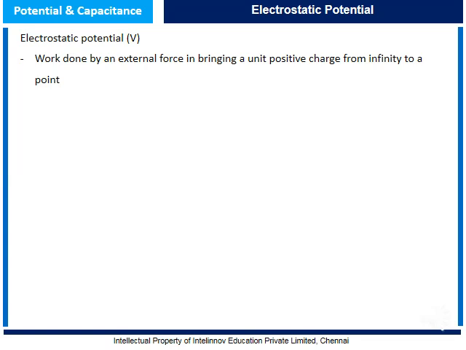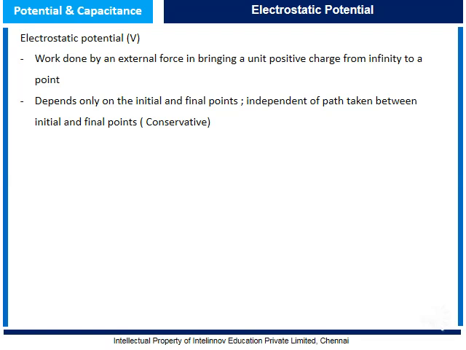Electrostatic potential depends only on the initial and final points. It is independent of the path taken between initial and final points. Hence, electrostatic potential is conservative in nature because it meets the criteria required for being conservative.